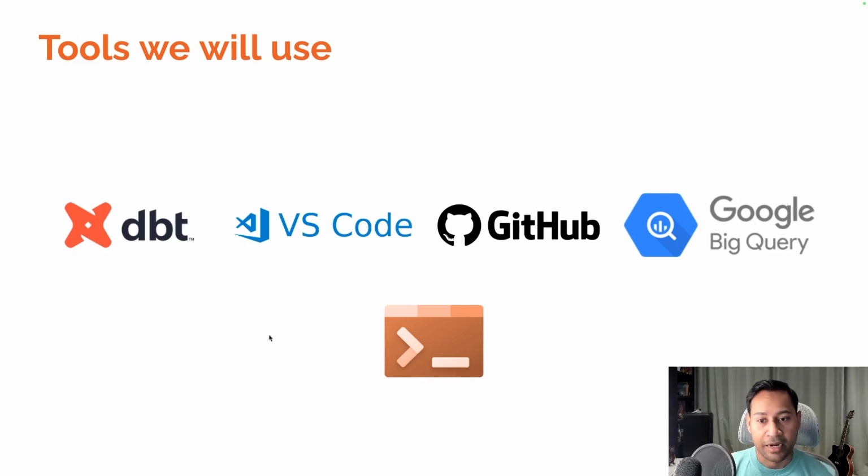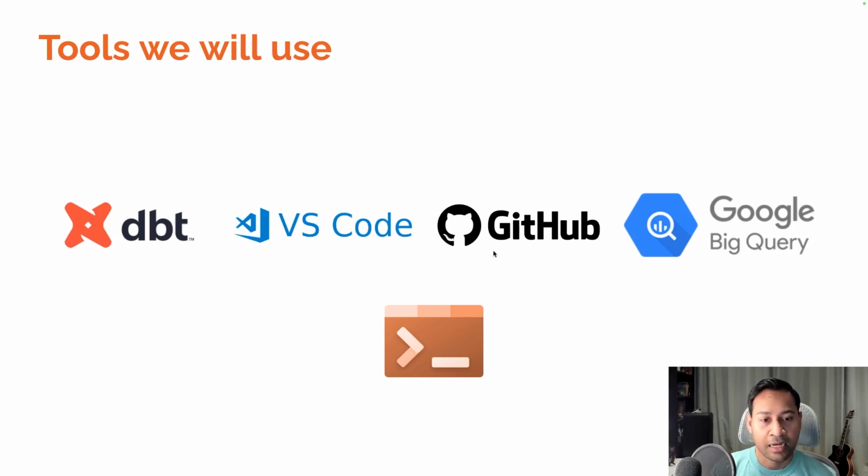We'll of course need VS Code, an IDE. This is where we'll be writing our dbt models. We'll also be interacting with our terminal. The terminal icon you see here, we'll be accessing via VS Code, and we'll need it to install some dependencies.